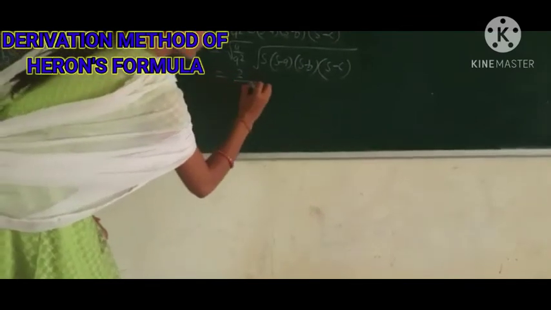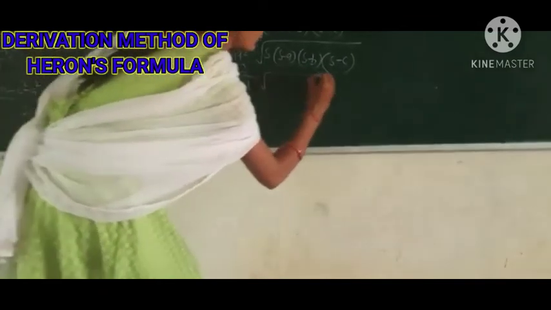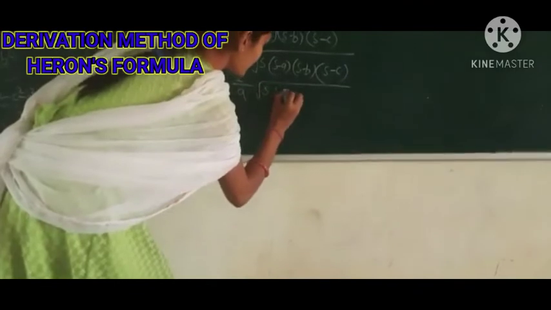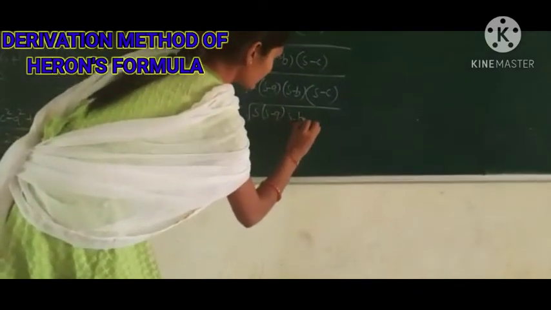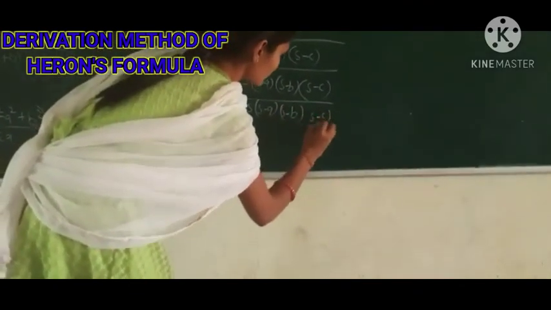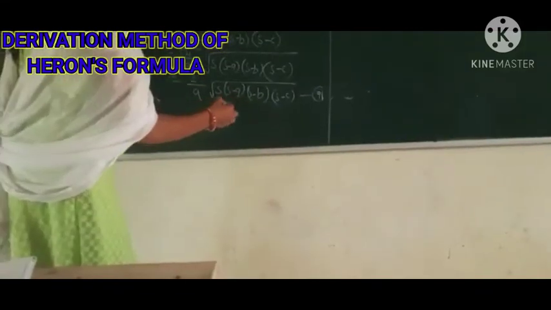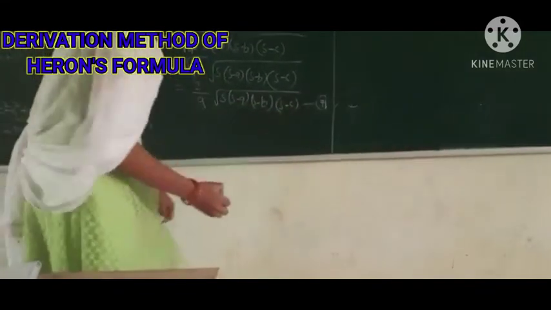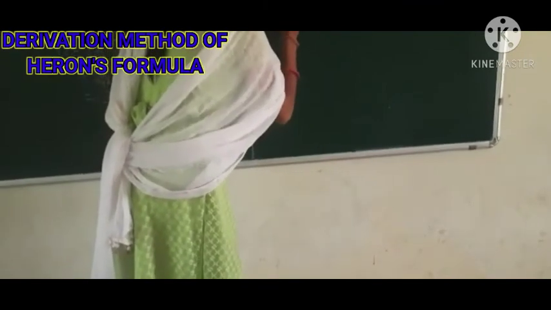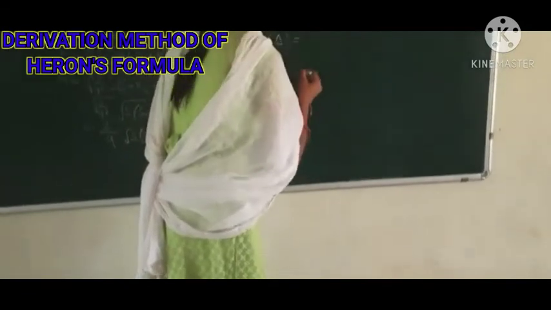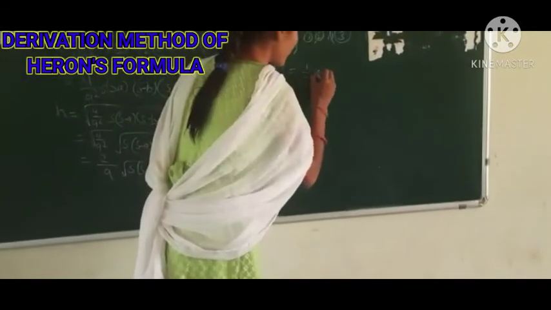We get h equal to 2 by a under root of S(S minus a)(S minus b)(S minus c). I take it as equation 7. We know that the area of a triangle is equal to half into base into height.